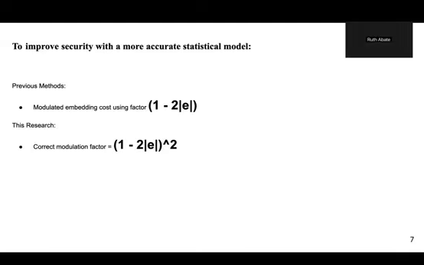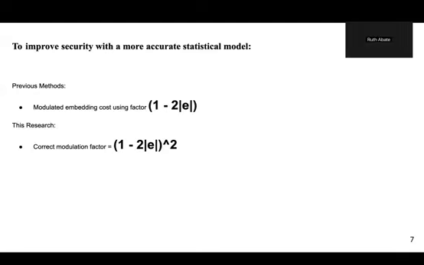Now let's look at the maths behind it. The modulation factor (1 minus 2e) to the power of 2 is derived from the Fisher information, which measures how much information a random variable carries about a parameter. In this case, the Fisher information tells us how much the embedding process affects the statistical properties of the image.